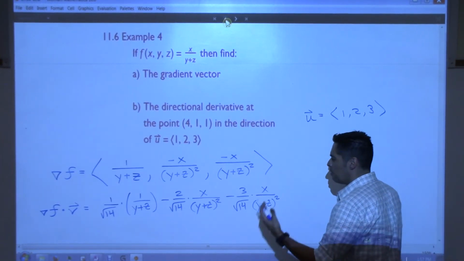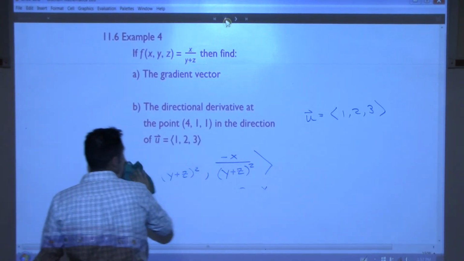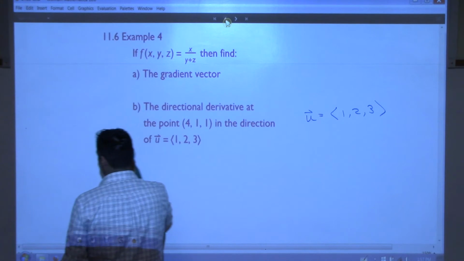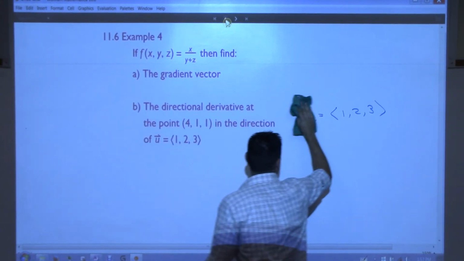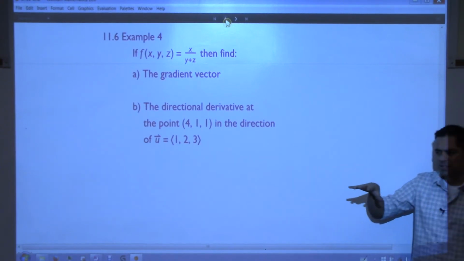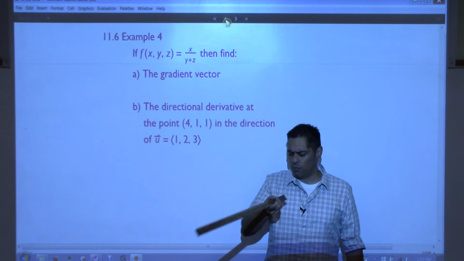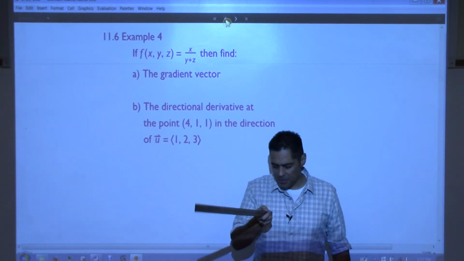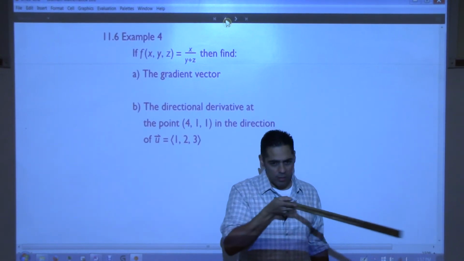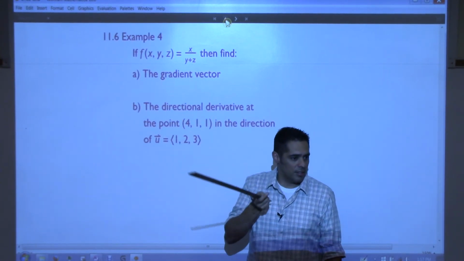This is the most profound part of the entire class, and this is the most important thing about the gradient vector up to this point. Let's go to the surface because it's the easiest thing. You're standing on the surface, right? And you are up at some point, and in each direction there's going to be some tangent line.